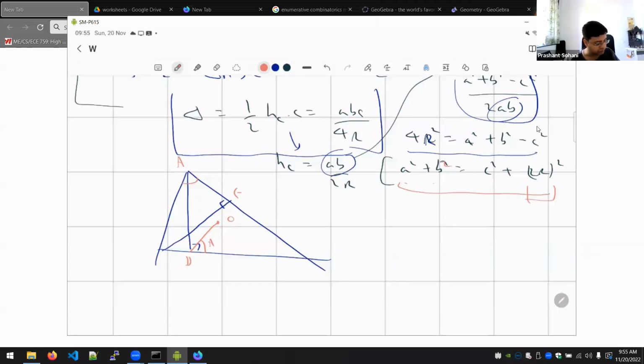And therefore, in this triangle, if I call this OC dash, I can determine all the lengths in terms of the sides of the triangle or anything you want.